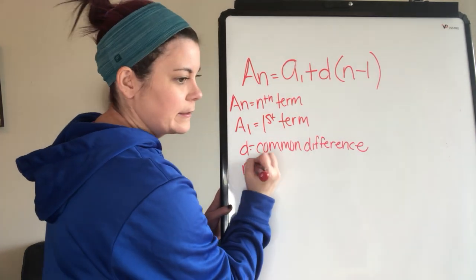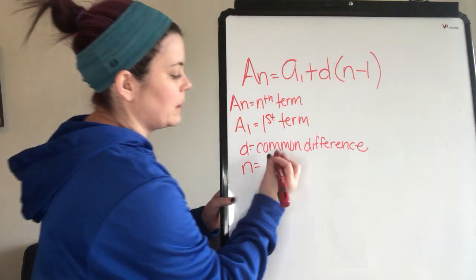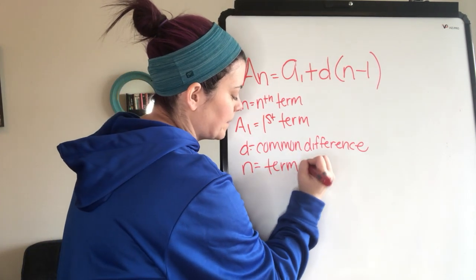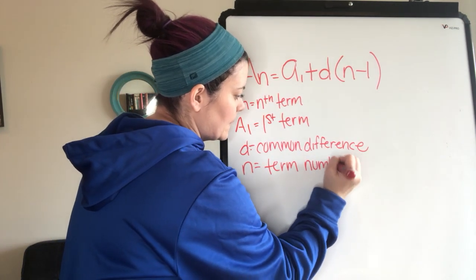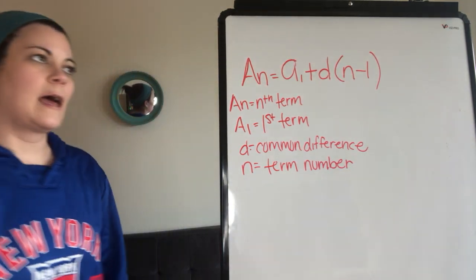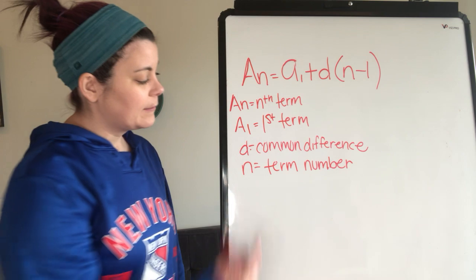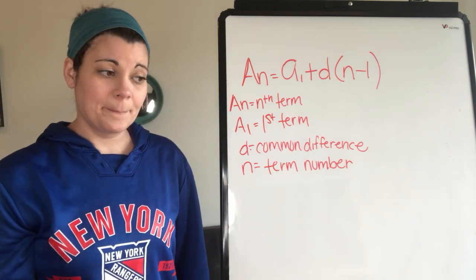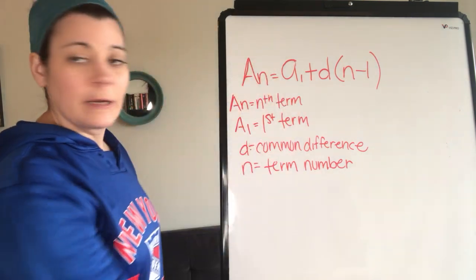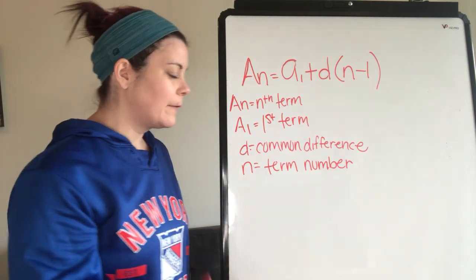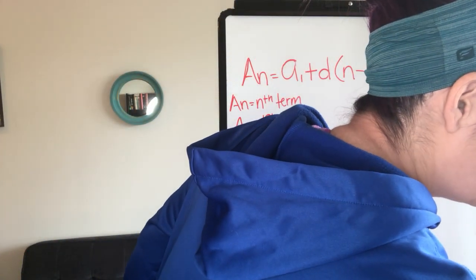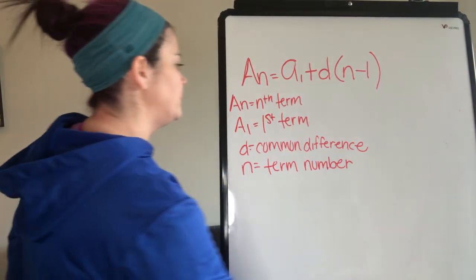And n is the term number. Like if I'm saying I want to know the 35th term in the sequence, then 35 would be n. So make sure if you're taking notes, you write all that down because I'm about to erase it.